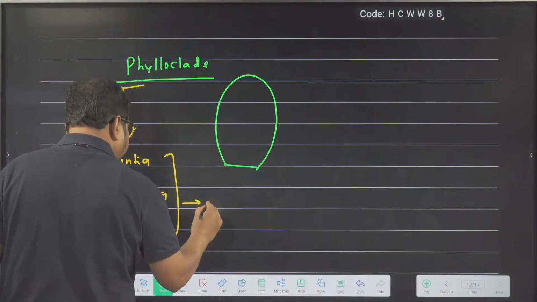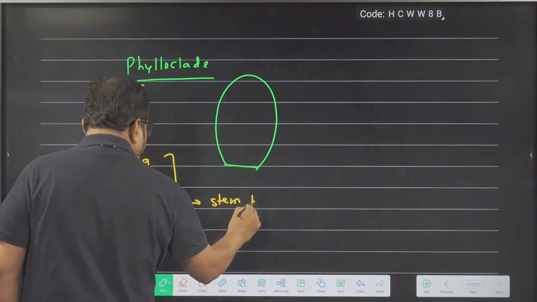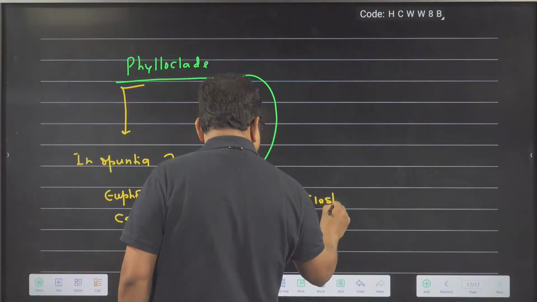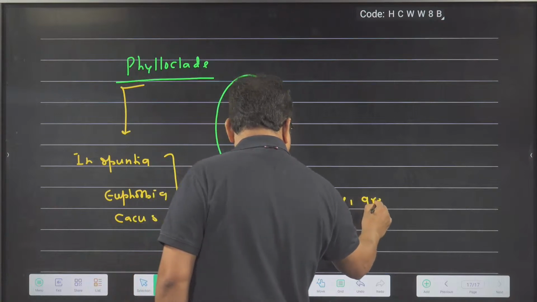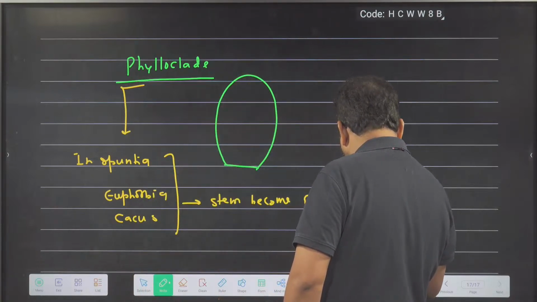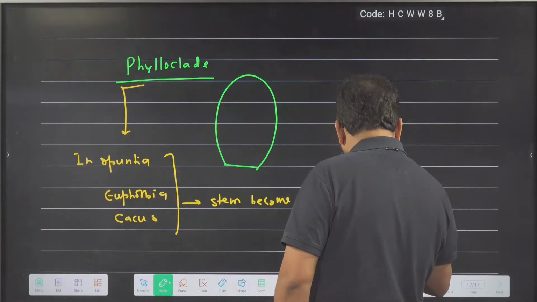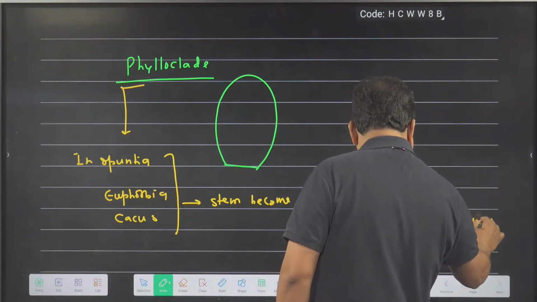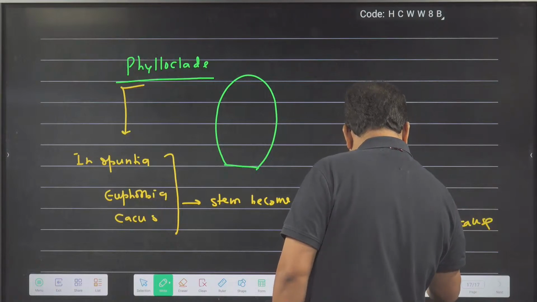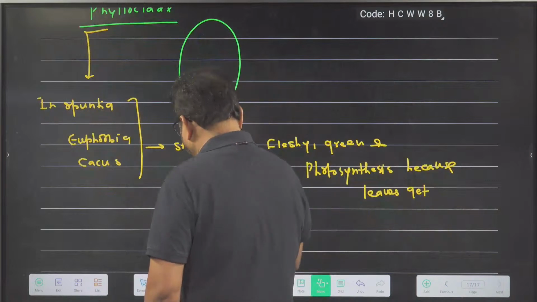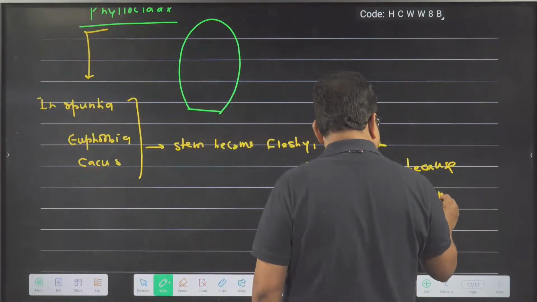A stem becomes fleshy, green and photosynthetic. Why does a stem become like this? Because the leaf gets modified into spine.